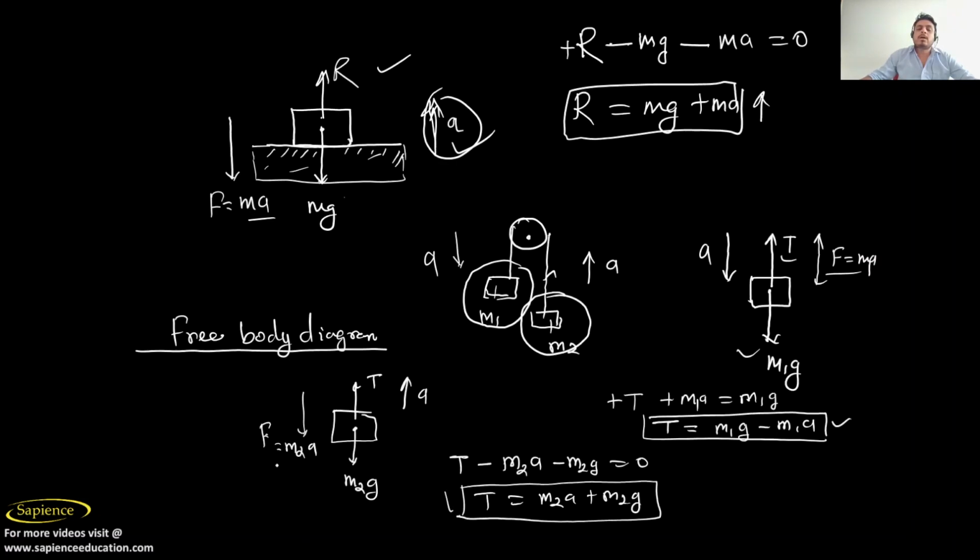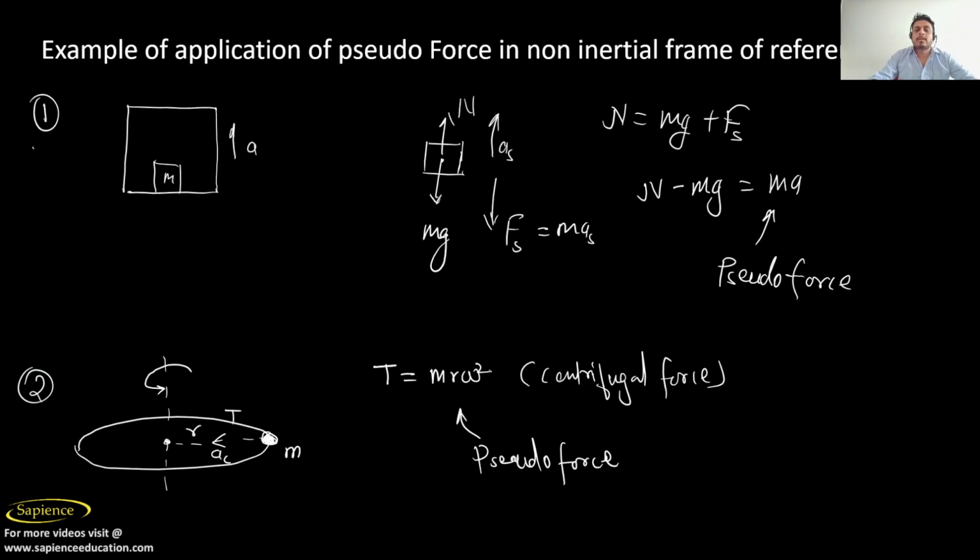So you have understood how to draw a free body diagram and how to take a pseudo force. I hope you all have understood how to take pseudo force, right? So the pseudo force concept you have understood clearly, and free body diagram also. Okay. Now see here.